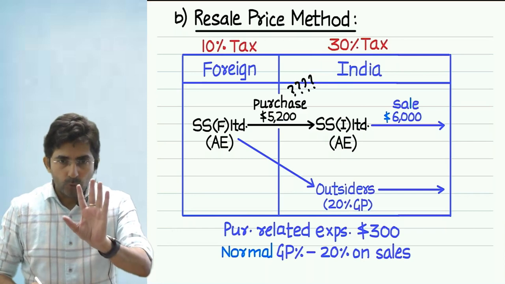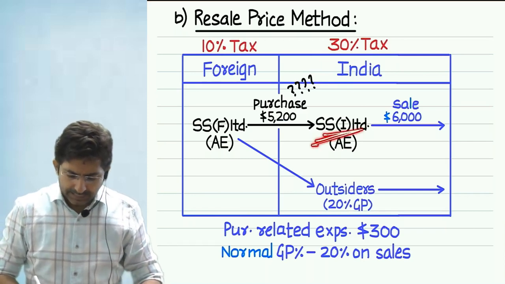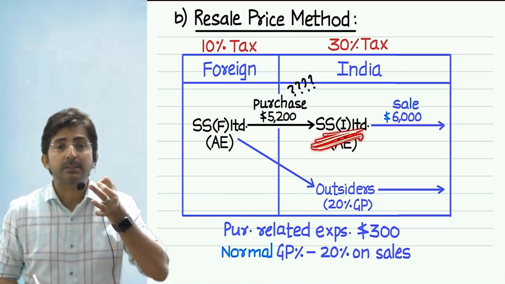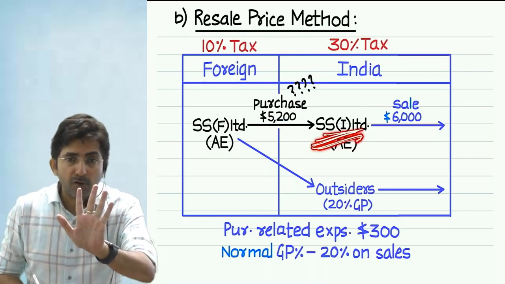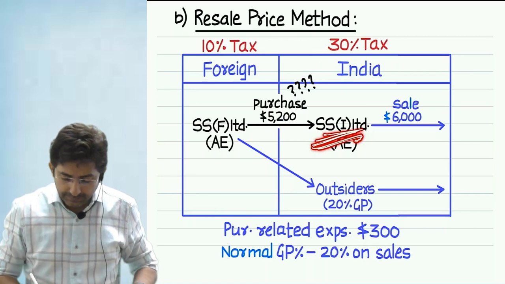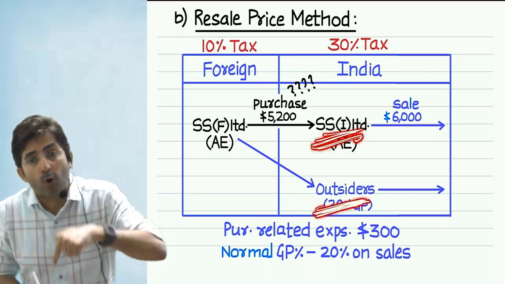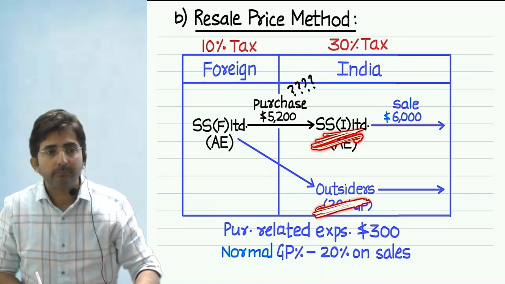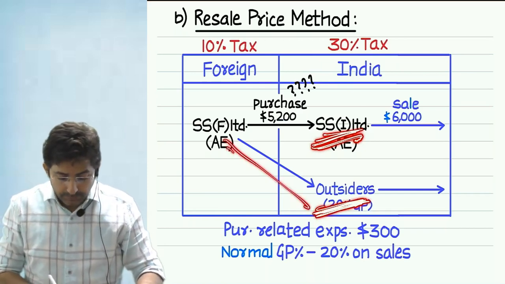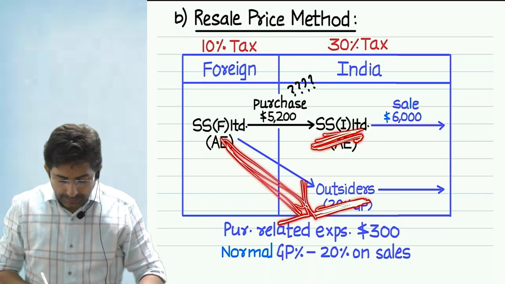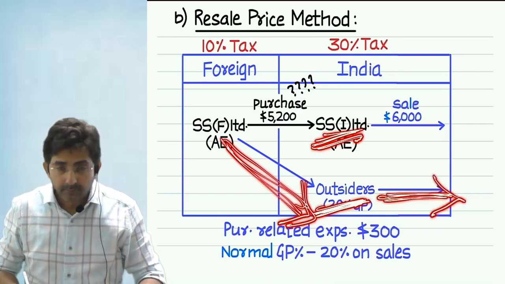Means, for example, look at this. This Samsung India is importing mobiles from Korea. But it is possible or not that other than Samsung India, there can be some outsiders who also import Samsung mobile from Korea and they sell in Indian market.